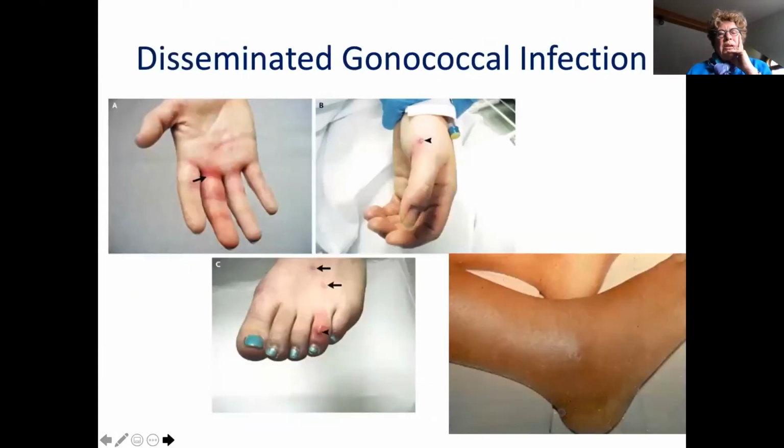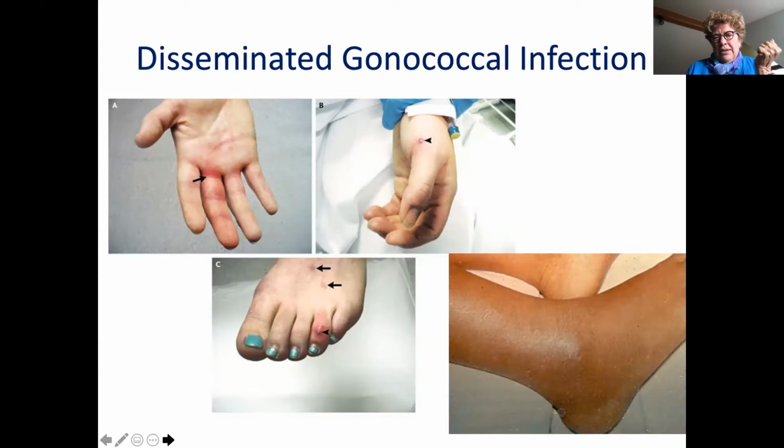Wanted to remind people that gonorrhea can become disseminated. It's not very common. It's about 1%. At least in local experience, it seems to come in clusters where we'll go for years without seeing it and then see several clusters, and it's certain nutritionally deficient species of gonorrhea that are particularly good at evading the immune system.